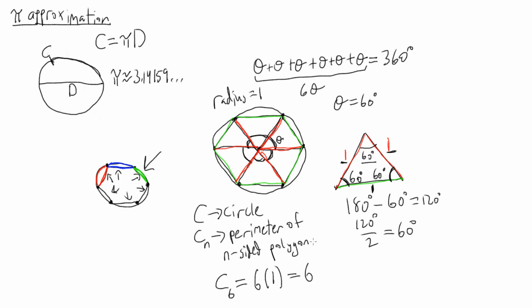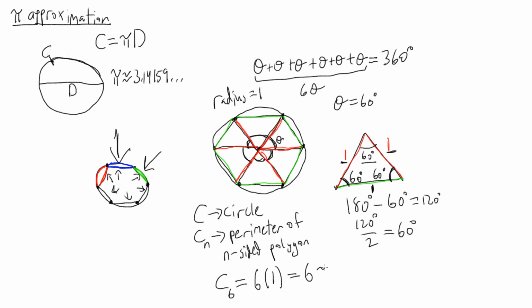Now, the goal behind that was because that gives us a way to approximate to a first order the circumference of the circle, as I demonstrated over with this circle on the left.